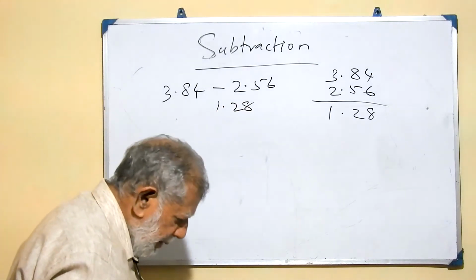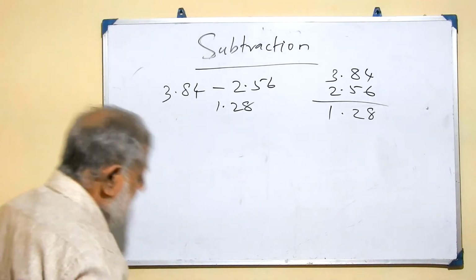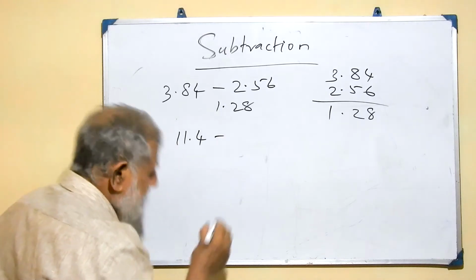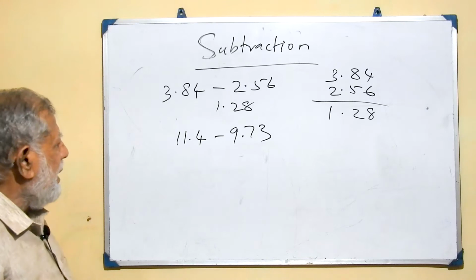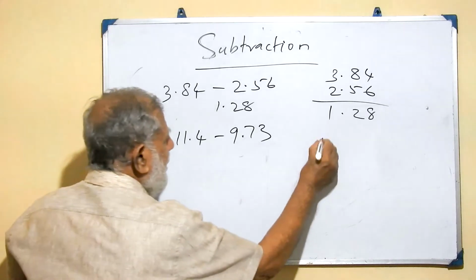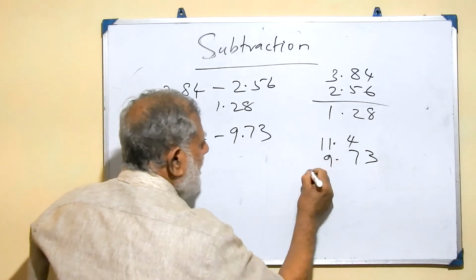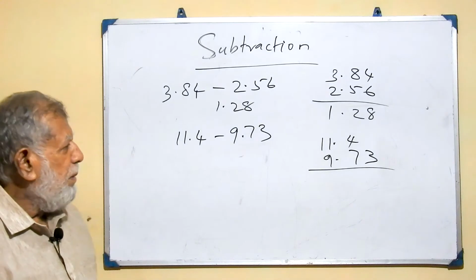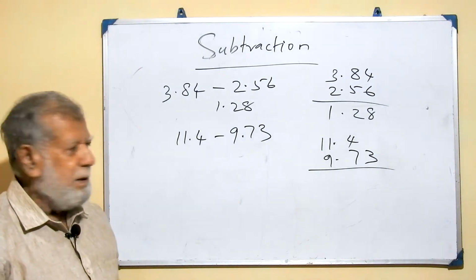We'll take another sum. Look at this one: 11.4 minus 9.73. Now in this particular case, I have noticed many children are not quite clear how to subtract this.